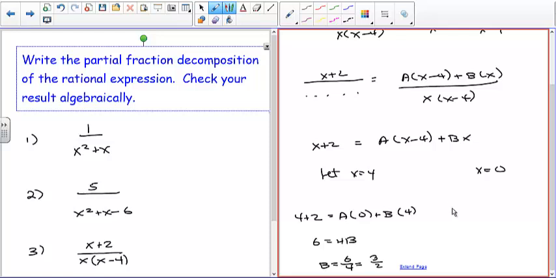And then a, we have 0 plus 2 is equal to a times 0 minus 4 plus b times 0. So this second term goes out. So on the left-hand side we have 2. On the right-hand side we have negative 4a. Negative 4 times a. So you get a is equal to negative 2 over 4, which is negative 1/2.